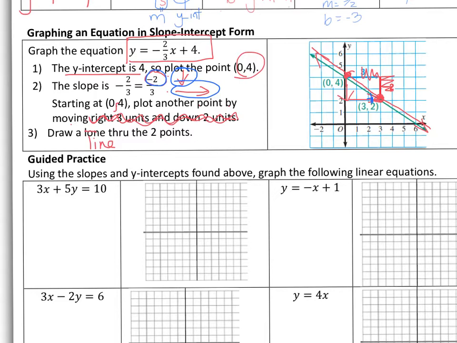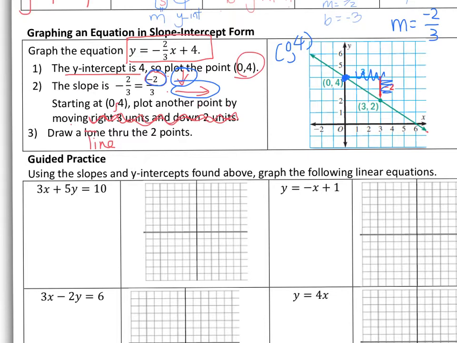So I'm going to show you one more time. You have a slope of m equals negative 2 over 3, and you have a y-intercept of 0, 4. So I'm going to plot 0, 4. Okay, I'm going to ignore this, as I told you earlier.